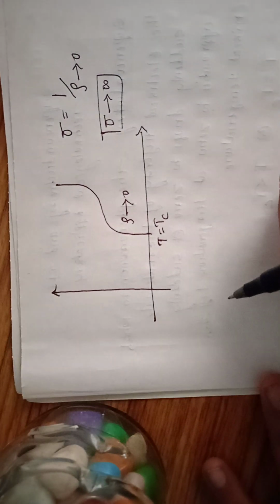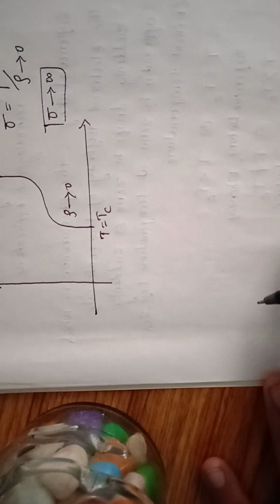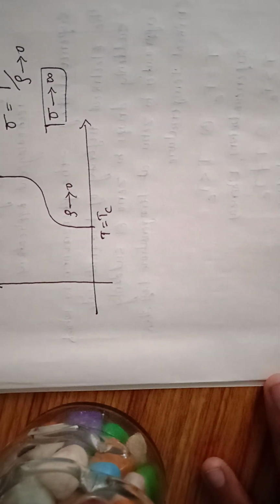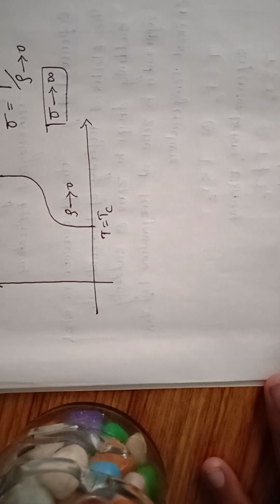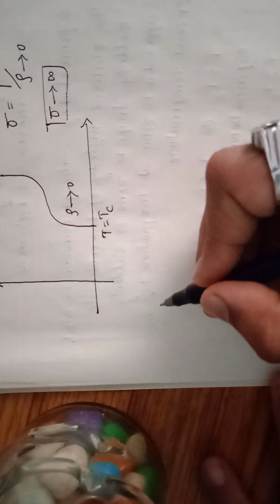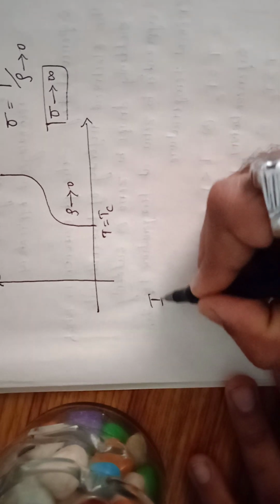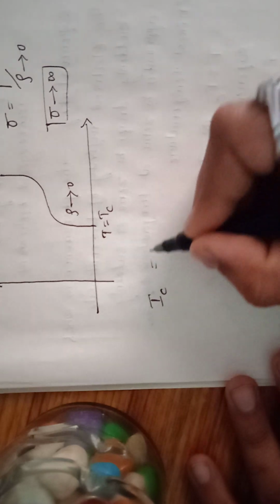Now we need to understand why these superconducting materials show zero resistivity. Before going to discuss that, we need to understand some important definitions. One is the critical current, IC.